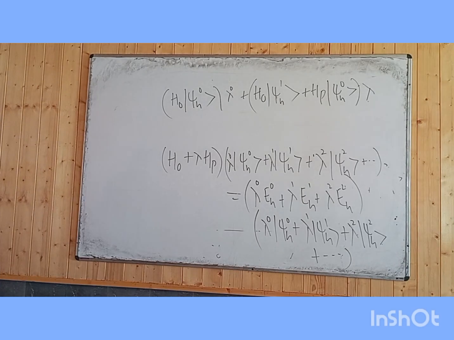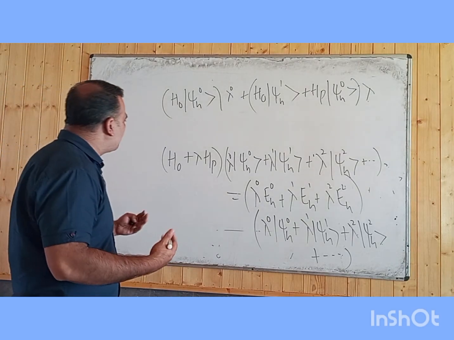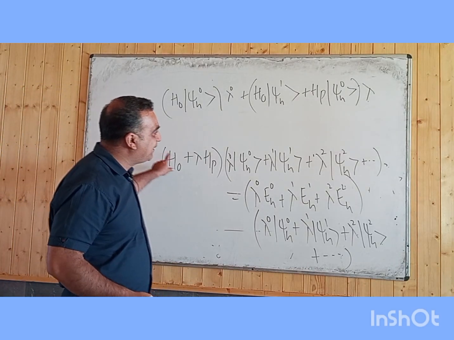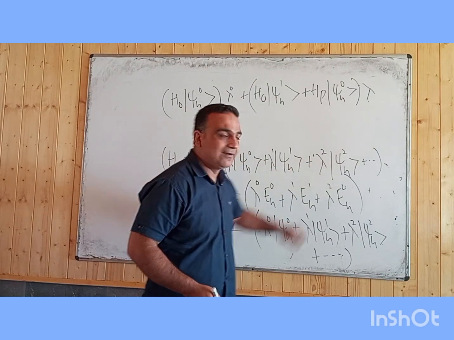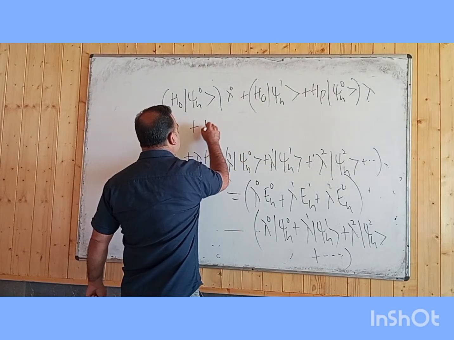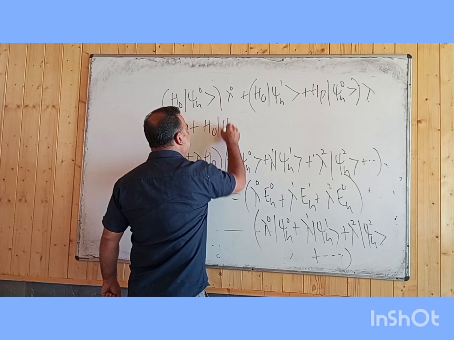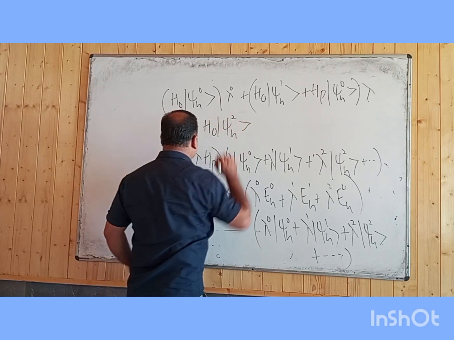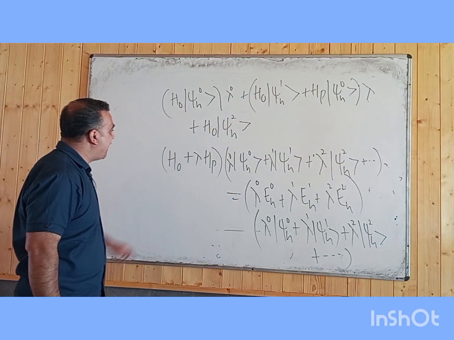Okay, go with the third term. We'll try to go for squares now. See, H naught and psi n 2. So plus H naught psi n 2. This is the first term for lambda square.